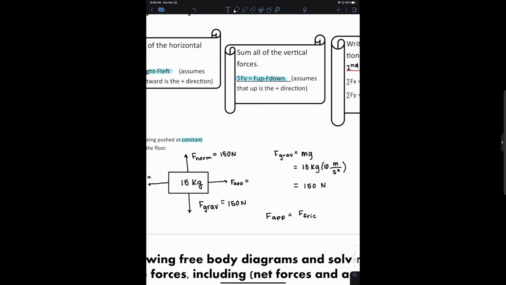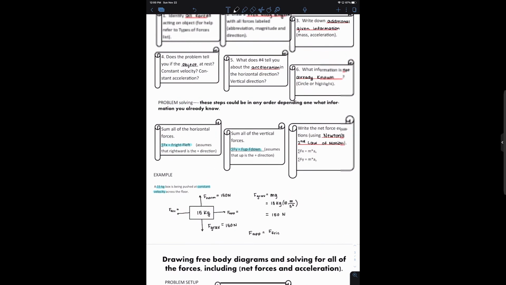So that's basically using all of these steps in order to go through and work on the problem. I am going to pause the video now, and then we will go on. We will do the at rest page, we'll do the constant velocity and constant acceleration page, and then you'll have some follow-up worksheets to do these on your own.